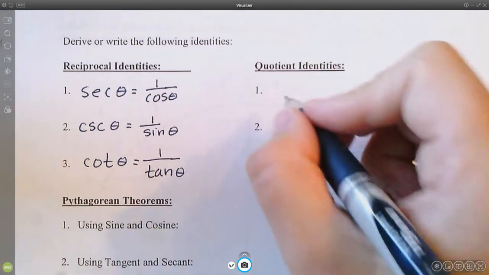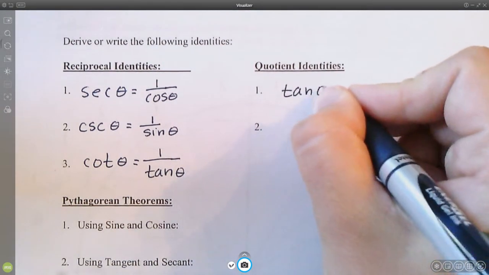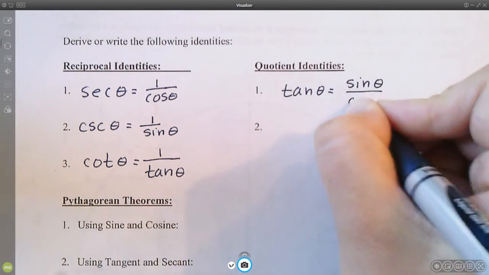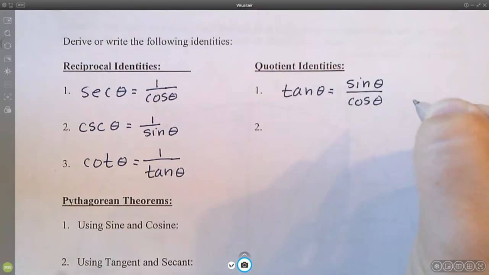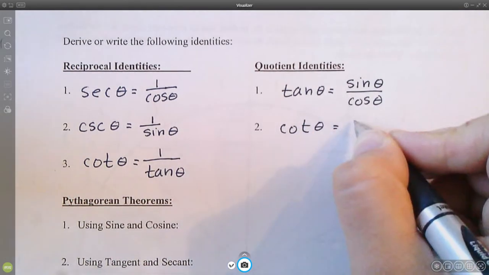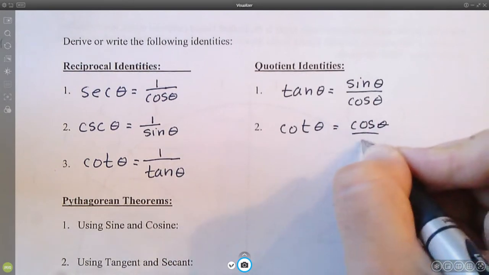Quotient identities: you have tangent theta equals sine of theta over cosine theta, and cotangent of theta equals cosine theta over sine theta.